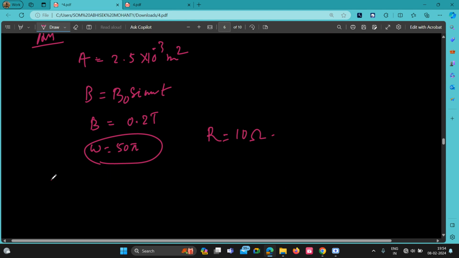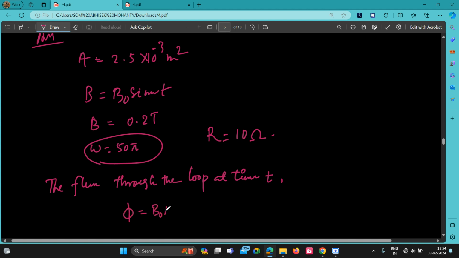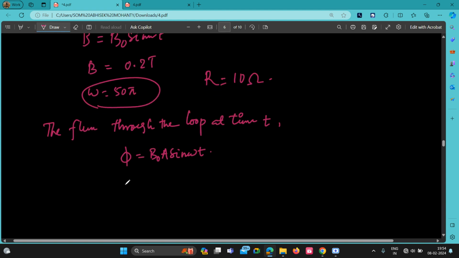So the flux through the loop at time t, phi is equal to B naught A sine omega t. EMF will be how much?